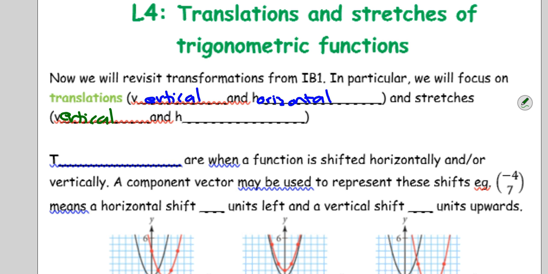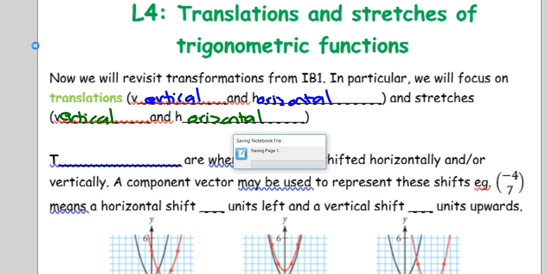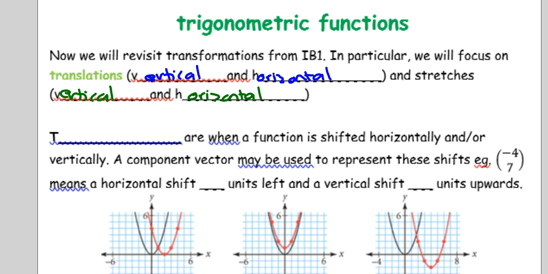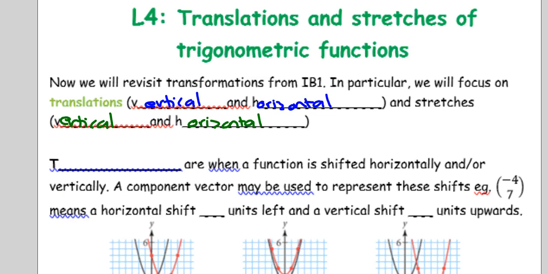We covered vertical and horizontal stretches and translations in IB1, but we didn't apply them to trig graphs. We applied them to things like quadratics and cubics, particularly quadratics, and other sorts of functions, like logs and exponentials.